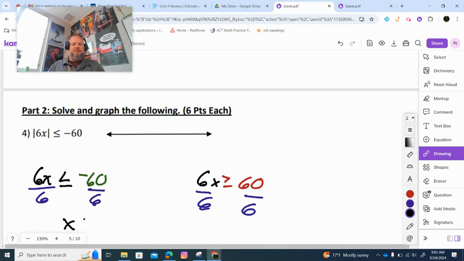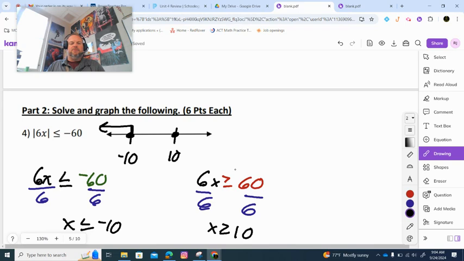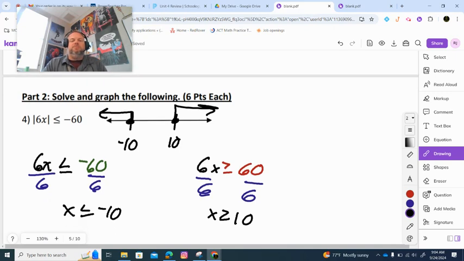So I get x is less than or equal to negative 10, or x is greater than or equal to 10. Negative 10, close circle, up and over. 10, close circle, up and over. There you go. Pretty much the same thing, just with a little twist. A little extra spice. A little kick of cayenne.